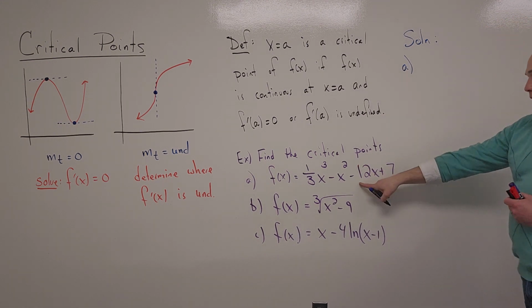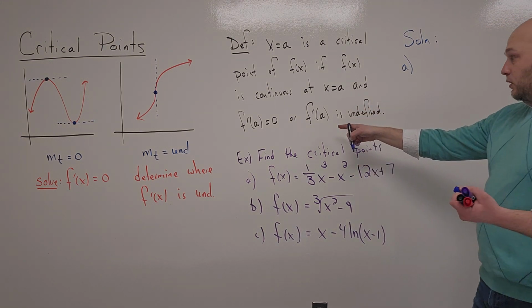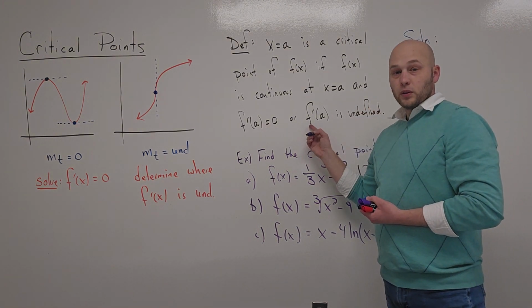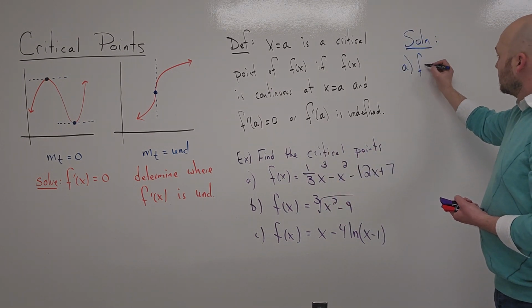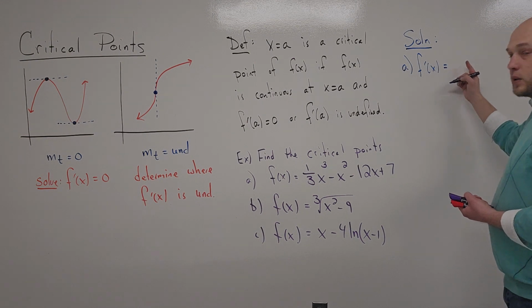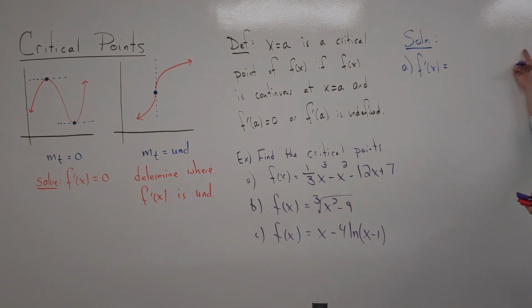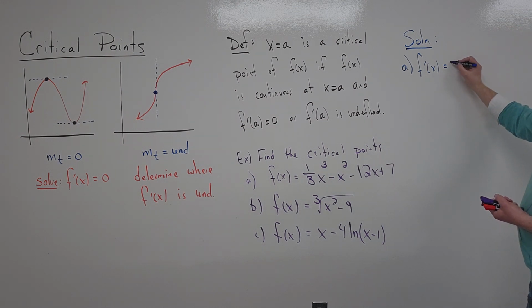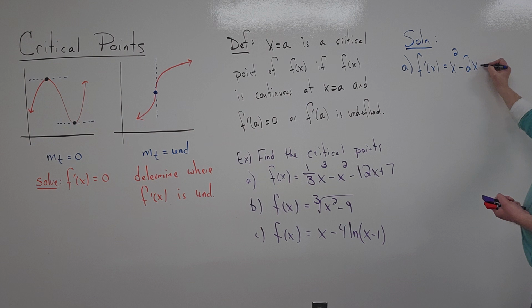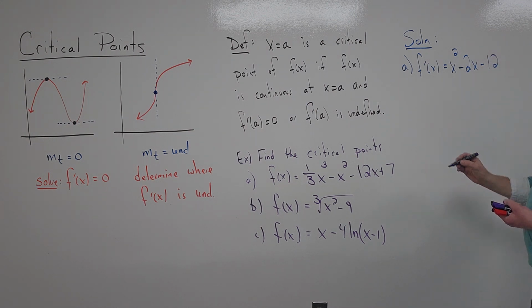All right, so first thing I have to do is compute the derivative. So the first derivative of this function here. Let's see how far I can go over. All right, so we should be all right. Power rule, that gives me x squared minus 2x minus 12, and I'm going to set that equal to 0.